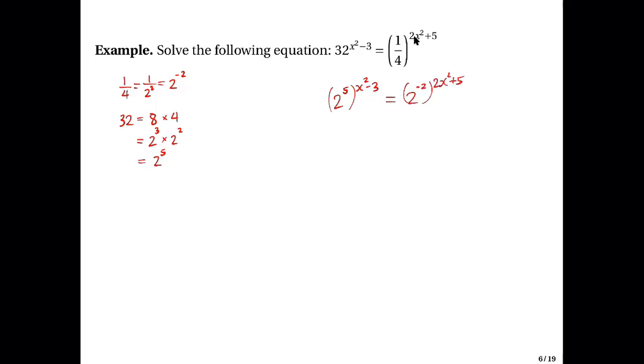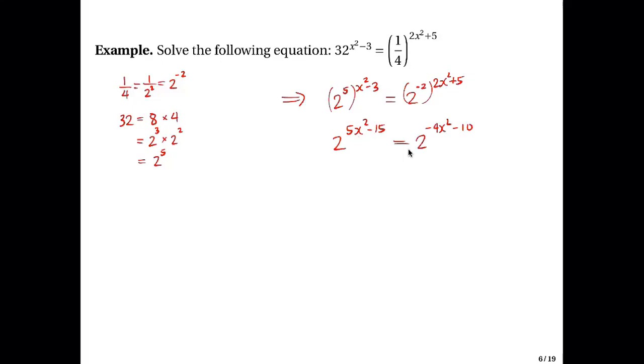Okay? And then we apply again the laws of exponents here. This will give us 2 to the power 5x squared minus 15, and on the right-hand side, we will have 2 raised to minus 4x squared minus 10.